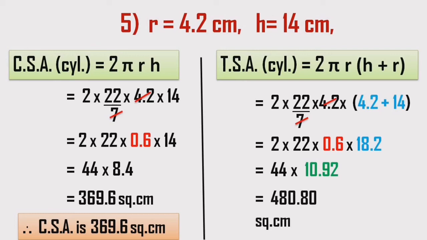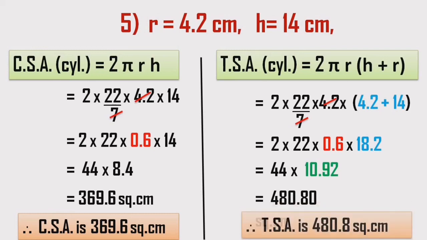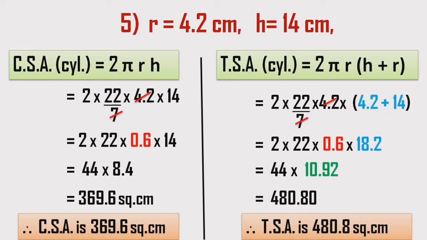Carry out the multiplication. Furthermore, we get the answer 480.80 square centimeter. Right? Mention the final answer. In the final answer over here, I have removed that 0 which is present after the decimal point, and even that is the way to mention the final answer.